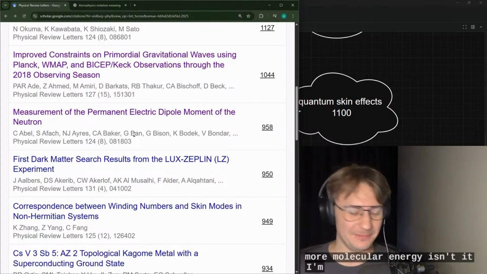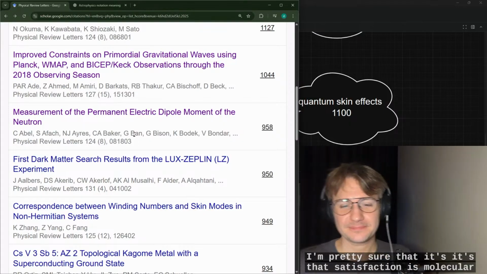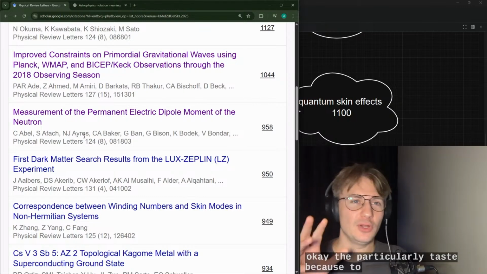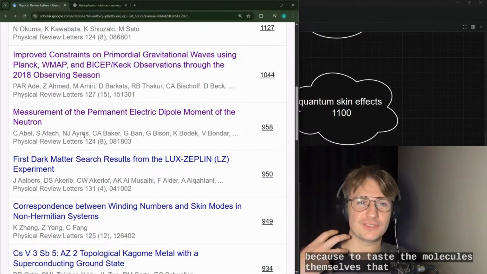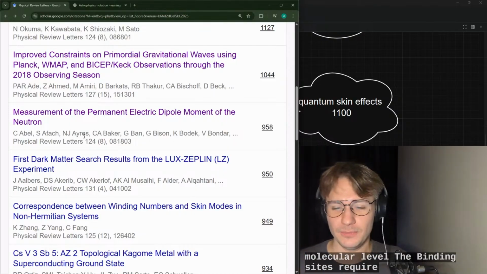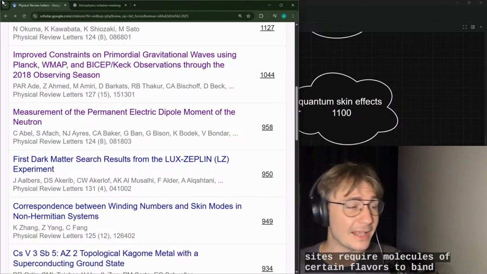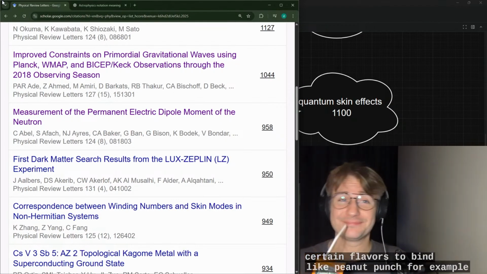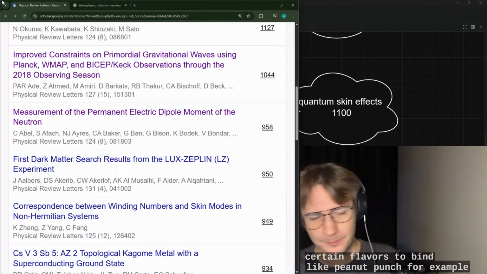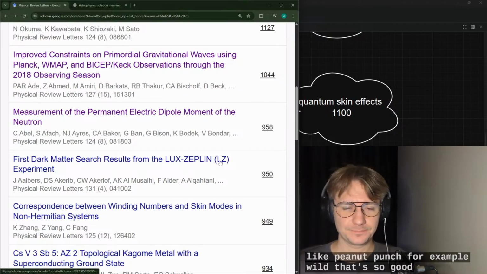I'm pretty sure that satisfaction is molecular. Okay, and particularly taste, because to taste the molecules themselves requires taste receptors, which operate at the molecular level. The binding sites require molecules of certain flavors to bind. Like peanut punch, for example. Wild, that's so good.